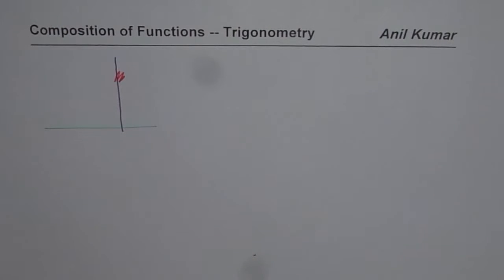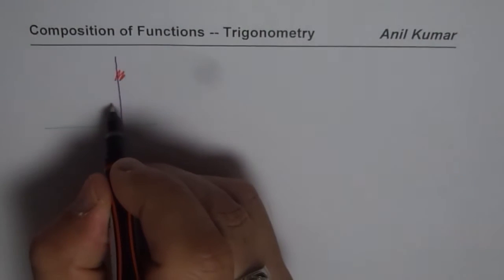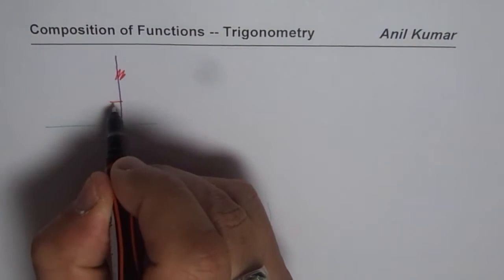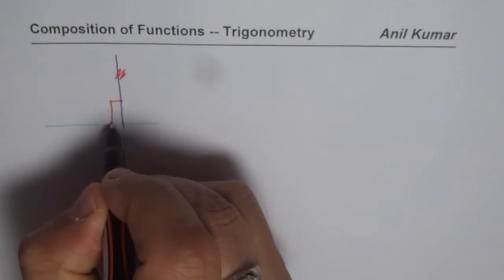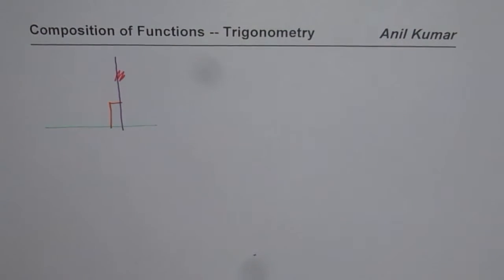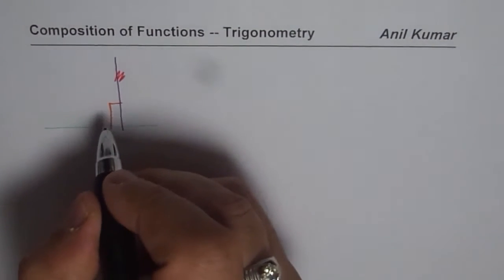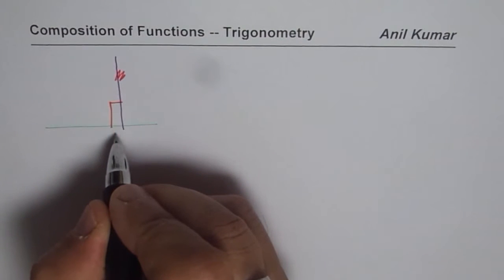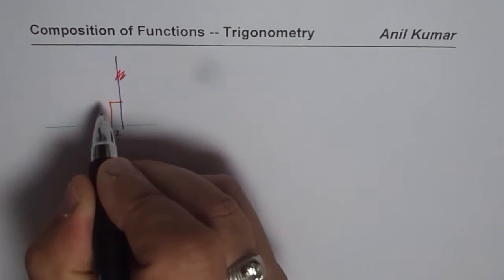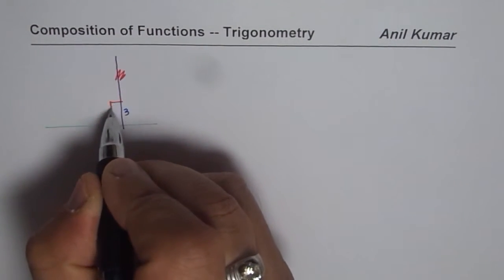We have a big garbage bin here, and the dimensions of this garbage bin are that the width is 2 and the height is 3. So that is a restriction.